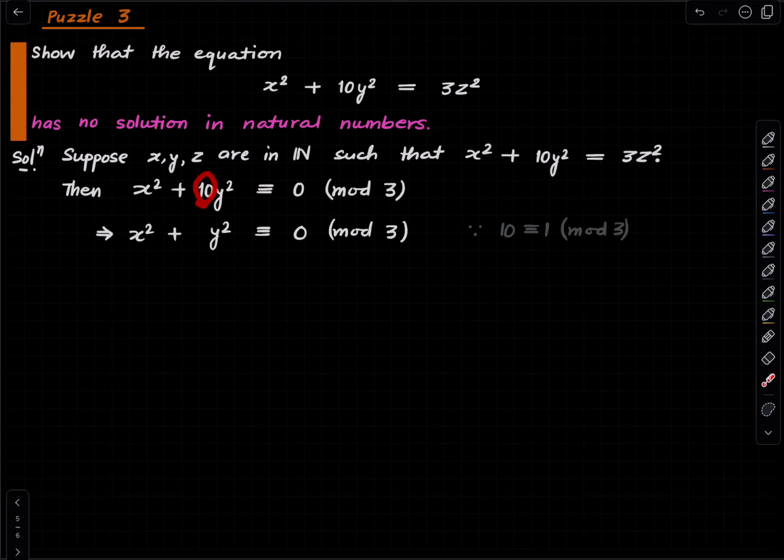Right? 10 is congruent to 1 mod 3, so we're just using modular arithmetic to say that whatever this is congruent to this thing, mod 3. Anyway, I'm sure you follow. But now this means that 3 divides x and 3 divides y. This is what we recalled in the beginning, and we had proven it in a previous lecture.